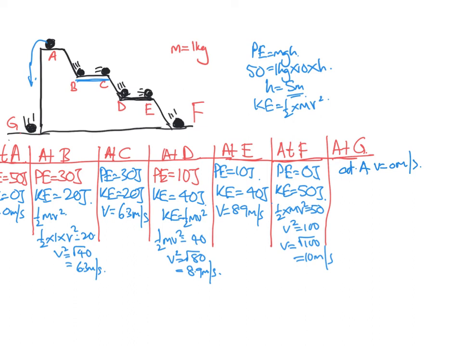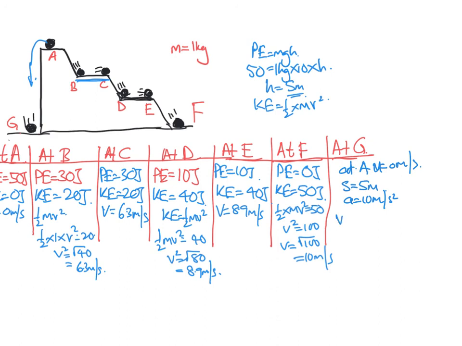We can use the SUVAT formula. We already know the height is 5, so s equals 5 m, u equals 0, and a equals 10 meters per second squared, the acceleration due to gravity.